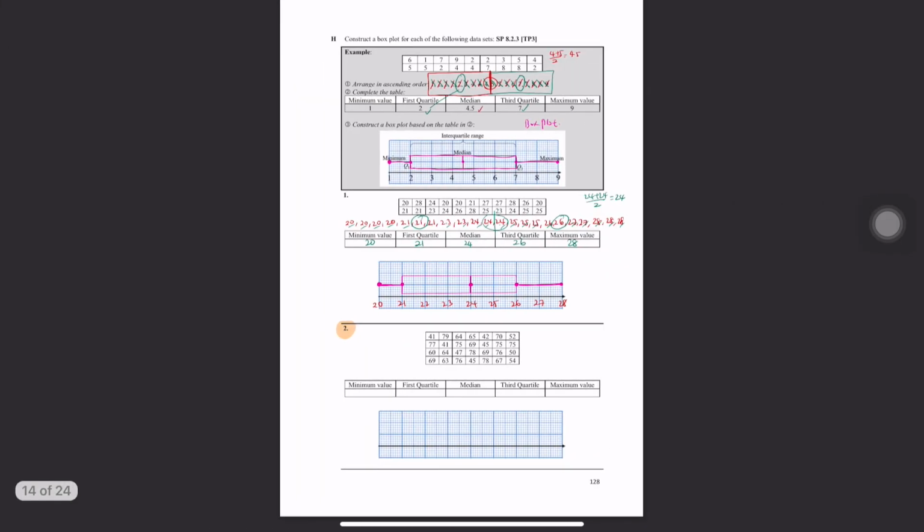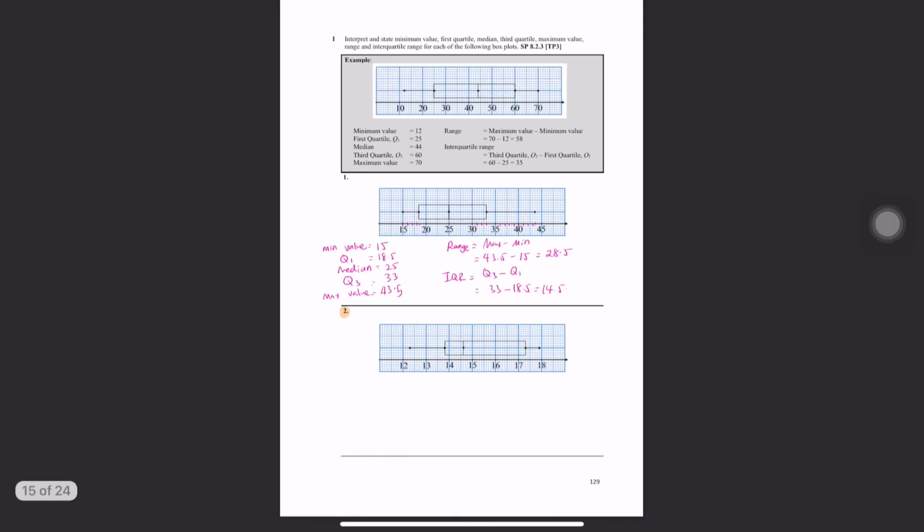Then you learned how to draw a box plot, a simple one, and how to interpret data from the box plot. I hope you can digest this information properly. You can rewind and rewatch this video if you don't understand.